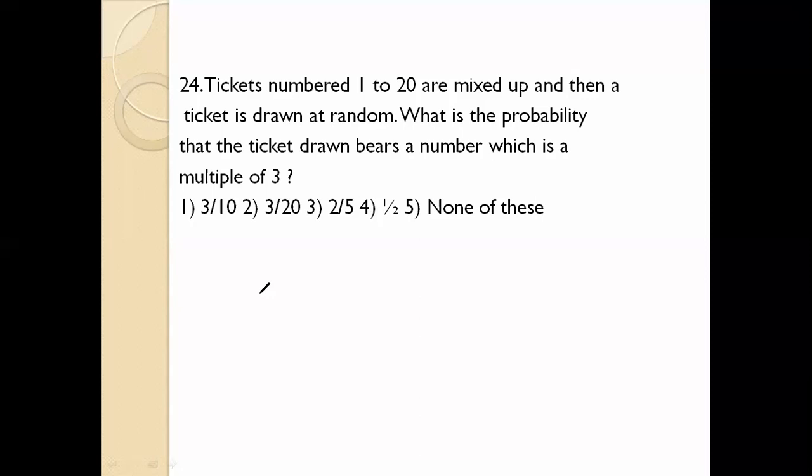Between 1 to 20, 7 numbers are there. From that 7, pick one, so 7C1, divided by 20C1.